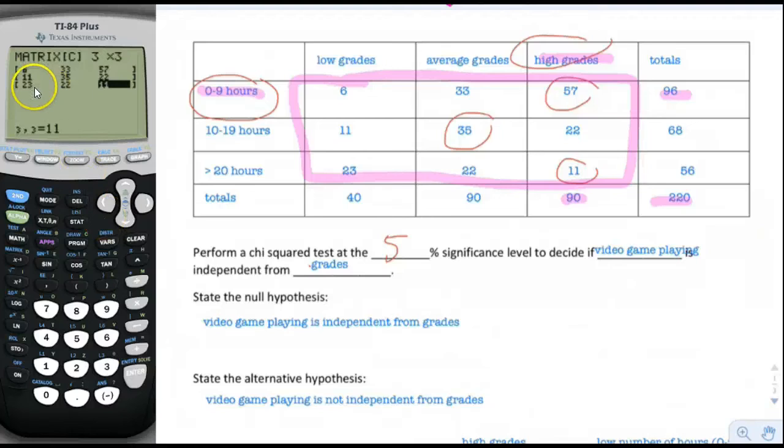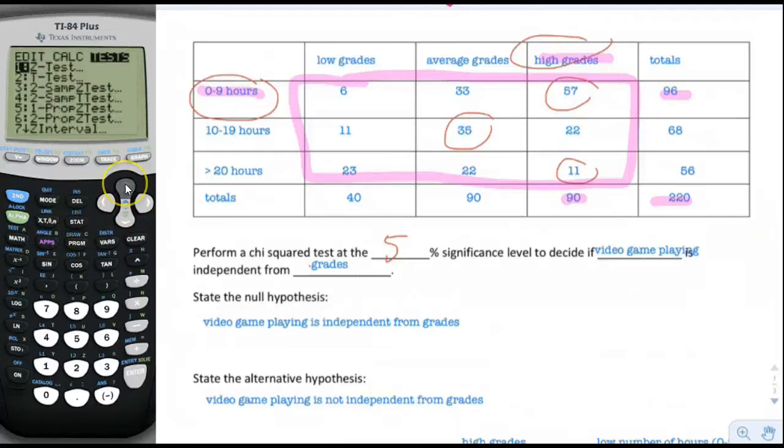So now we have 6, 11, 23, 33, 35, 22, 57, 22, 11, and then we're going to run our stat test.